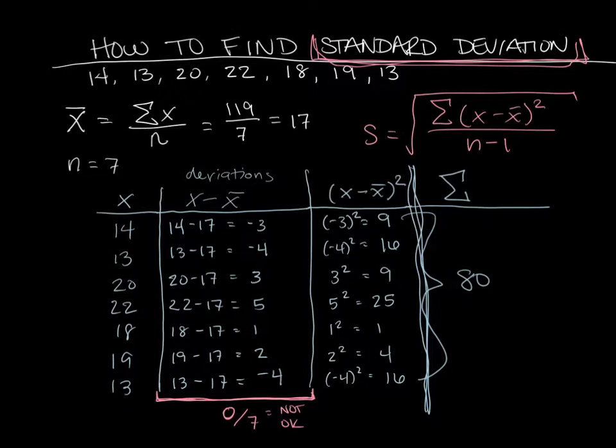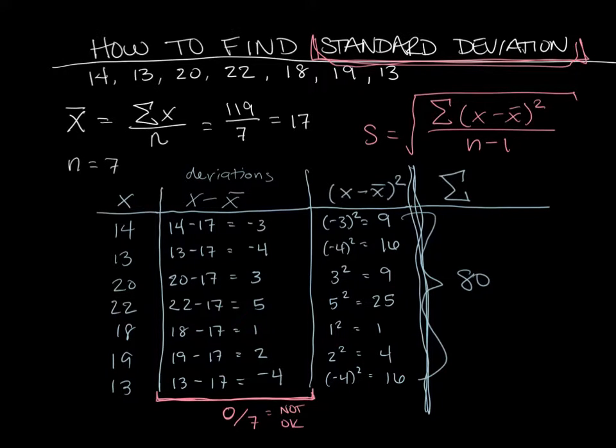We can do a problem if you really want to, but the short of it really is that if we don't subtract 1 and we just take it divided by n, we are always going to be underestimating the true standard deviation. And we don't want to underestimate the true standard deviation. So we are always going to be subtracting 1.